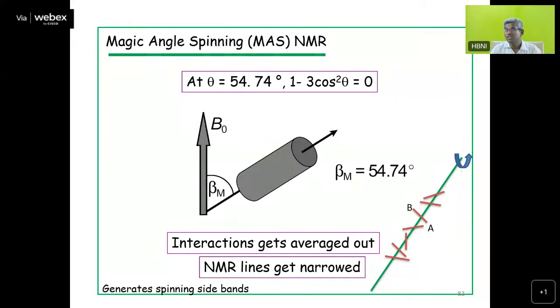What is the meaning of this? You can see from this figure. All the bond vectors will be aligned along the green line axis, so that by rotating at very high speed, you can align all the bond vectors at an angle of 54.74 degrees.